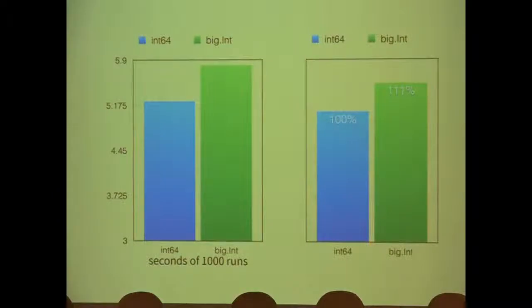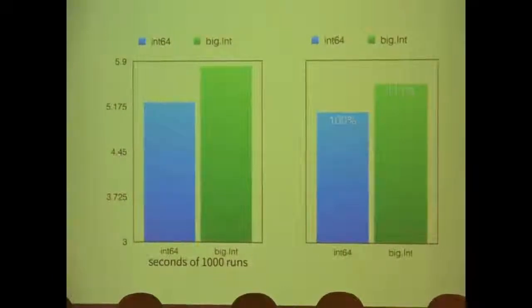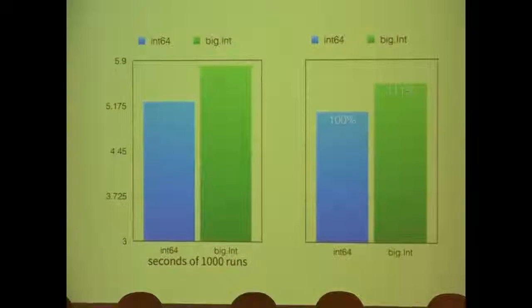On the graph on the right, we can see the big number version is about 11% slower than the original 64-bit integer one, which to me is kind of acceptable, because the 64-bit integer version would overflow when the factorial goes any higher than 20.